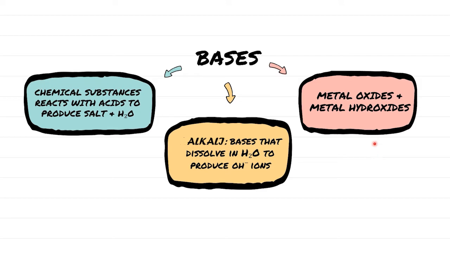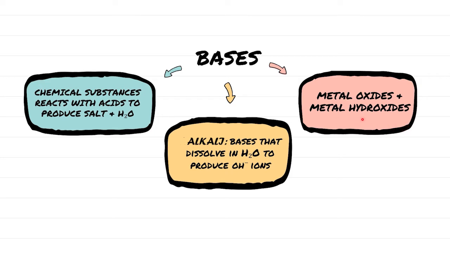Here we have the example, which is metal oxide, and metal hydroxide is also one of the bases. This is because when metal oxide and metal hydroxide react with acid, they produce salt and water.